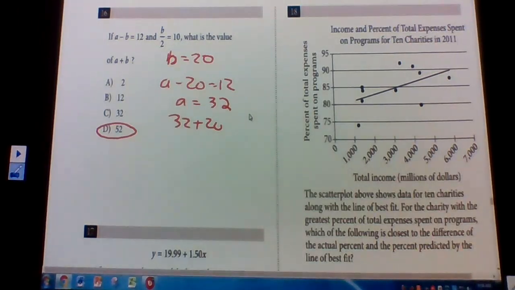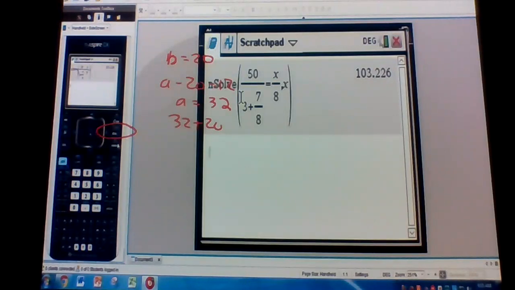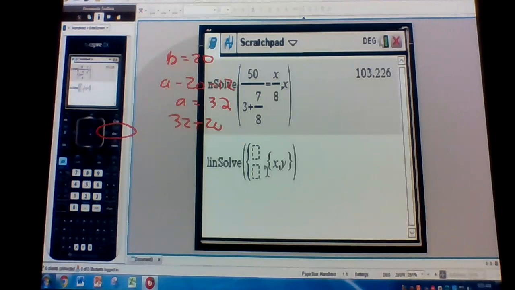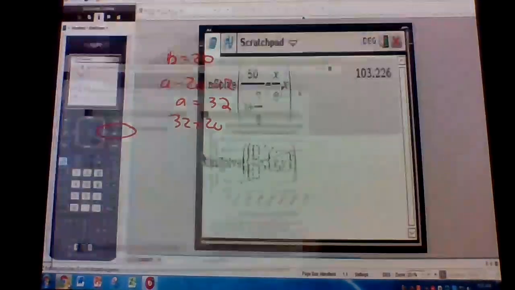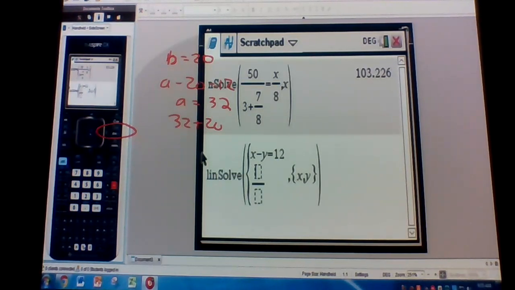Okay. But we could also use menu 3, 2 here. Menu 3, 2, we have 2 equations. I'm going to make them x and y, so it's x minus y equals 12. And the other one is control divide, y divided by 2 equals 10, was it?